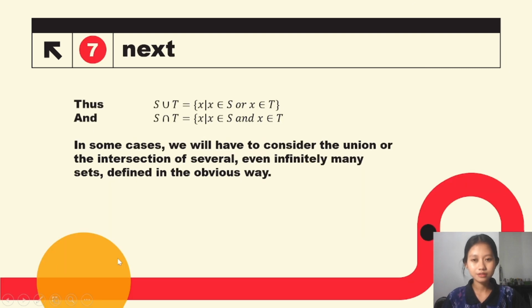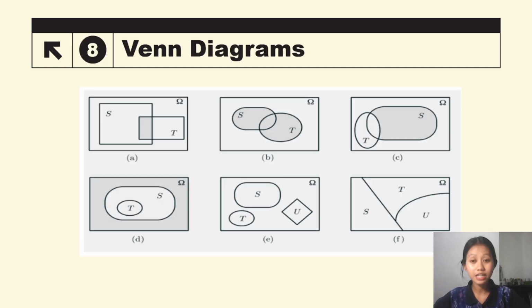Okay, next. Thus, S ∪ T = {x | x ∈ S or x ∈ T}, and S ∩ T = {x | x ∈ S and x ∈ T}. In some cases, we will have to consider the union or the intersection of several, even infinitely many sets, defined in the obvious way. Okay, now we have a Venn diagram.